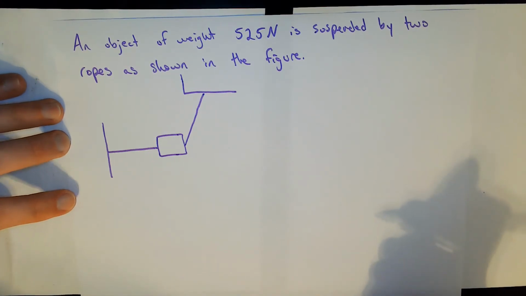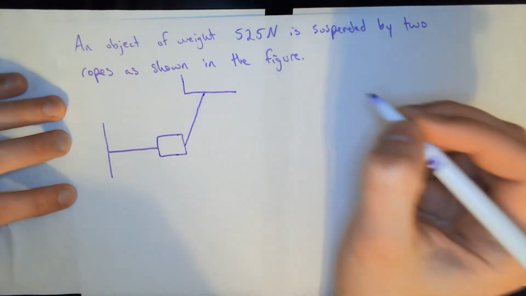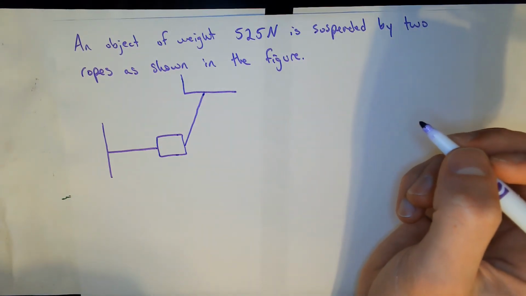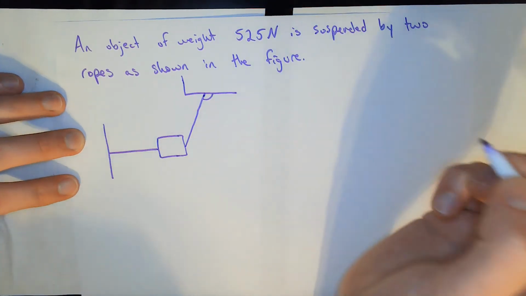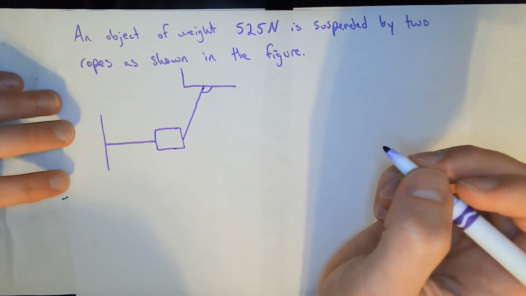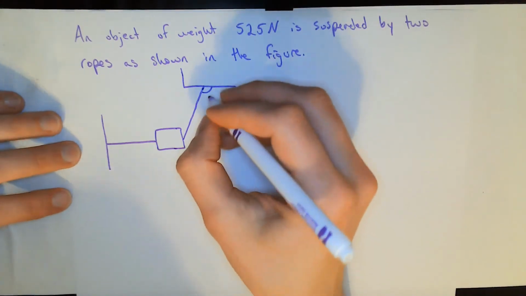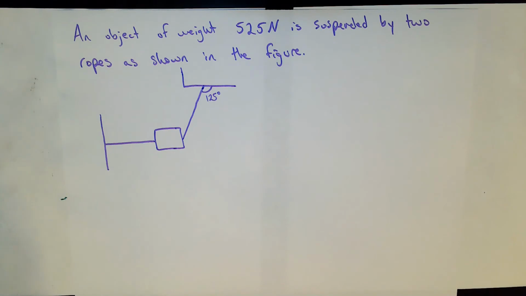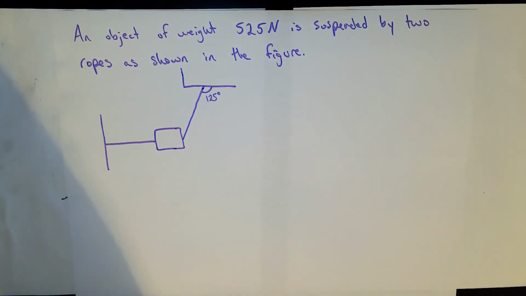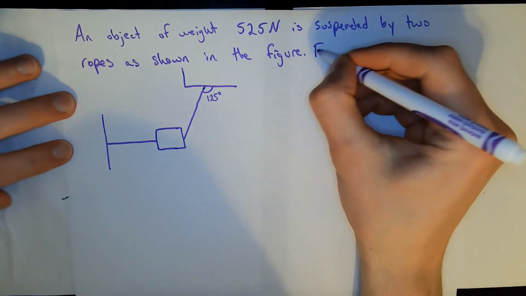And let's say that the angle right there is definitely past 90, let's say 125 degrees. Oh yeah, what's the question? Find the tension in the ropes.